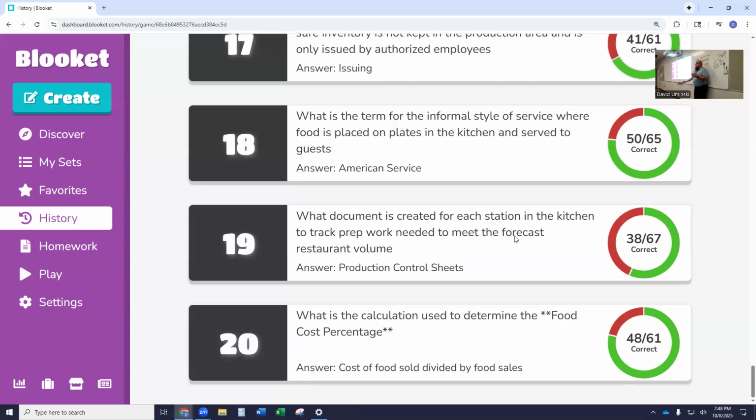Now, if my labor is also 30%, now we're at 30 plus 30 is 60%. That means 60 cents of every dollar that's coming in is going to cover the labor and our food cost. We got 40 cents left of that dollar. Of that 40 cents, is that all profit? No, we have insurance, we have licenses, we have our Spotify subscription, because legally you're not supposed to play music unless you are paying for a business license to play that music.